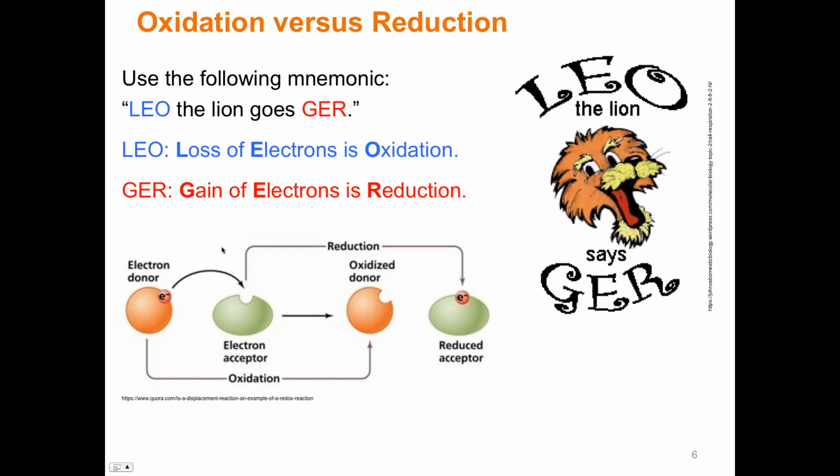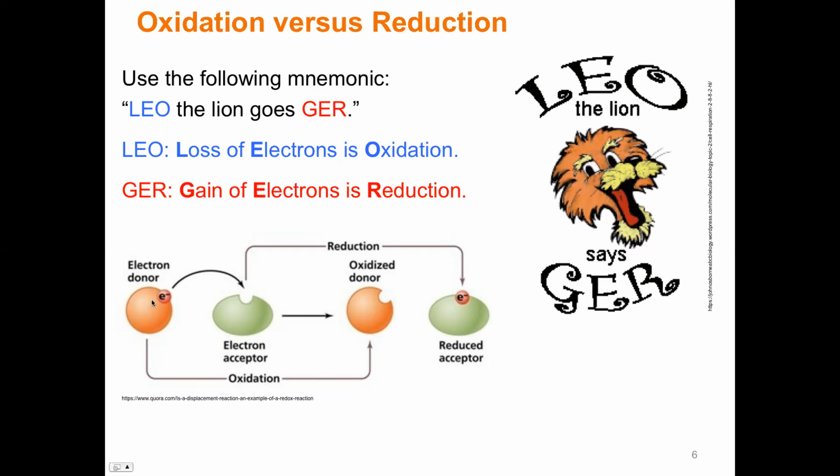This is really what's happening in a battery, and also in biochemistry. As you learn to be a biochemist, you learn to do something called arrow pushing, where you track the movement of electrons in different chemical reactions in your biochemical compounds.